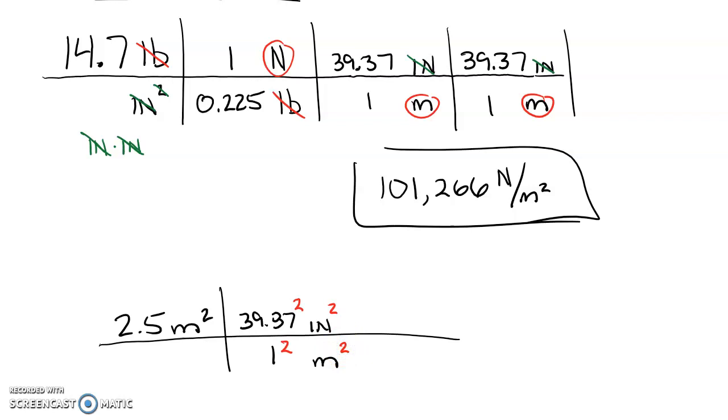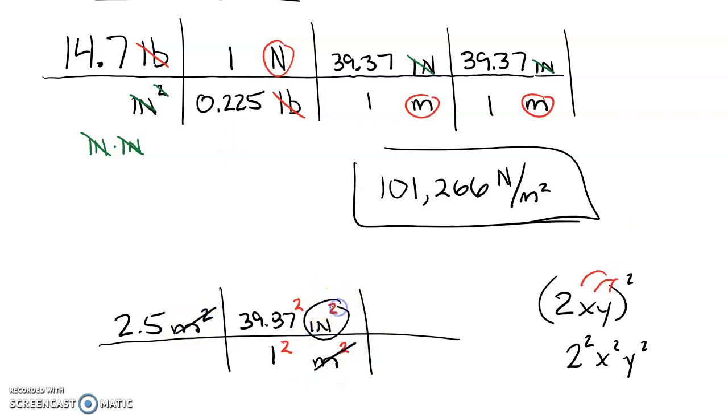If you recall, if I had something like 2xy quantity squared, that 2 would go to each thing, and that would be the same as 2 squared x squared y squared. So I've just changed my conversion factor and squared the whole thing. And now in one step, I've canceled that. I'm in inches squared. 1 squared is still 1, but if you had a number down there, that would be different.